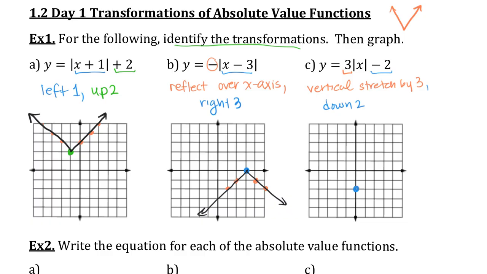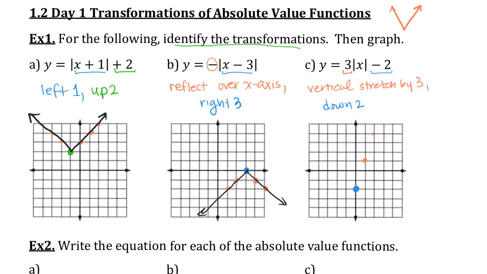Okay, now what does the vertical stretch of 3 do to this little absolute value? It's going to stretch it in the y direction by 3. Normally, I go up 1, right 1, right here, and I get my points on my V. Since it's getting vertically stretched by 3, instead of going up 1, I'm going to go 3 times as high. So I'm going to go up 3, right 1.